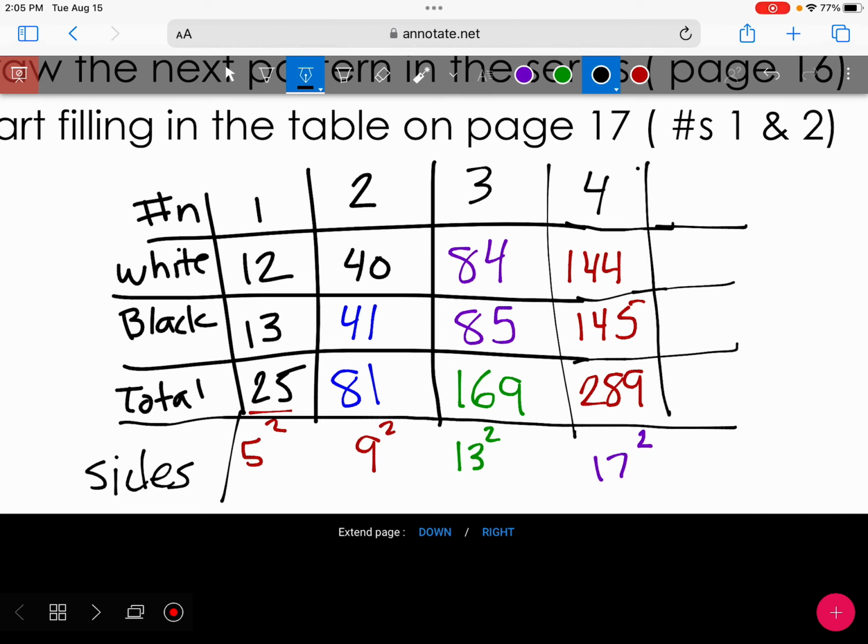Yeah, the sides are increasing by 4. So my first one had 5 blocks on the side. If we added 4 tiles on the side, we got 9 tiles on the side. Then we added 4 more tiles, and we got 13 tiles on the side. Then we had 13, and we added 4 tiles on the side. We got 17 tiles on the side. So we could continue this pattern up and find however many we wanted.